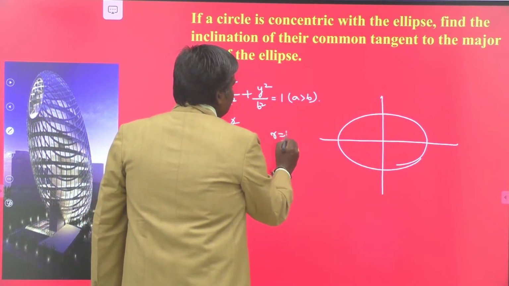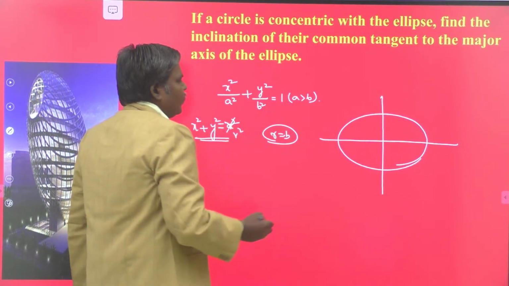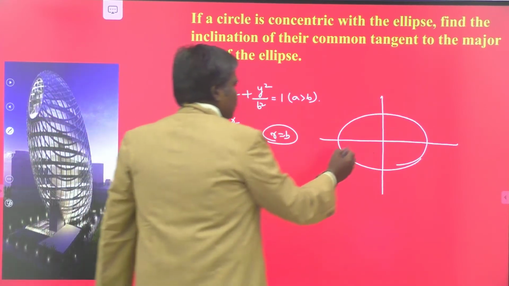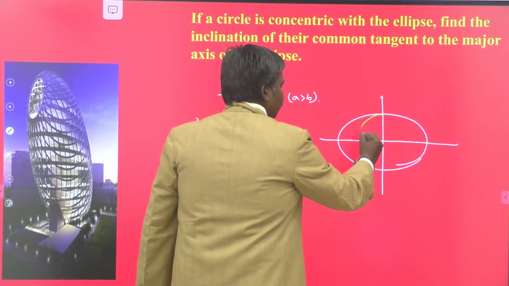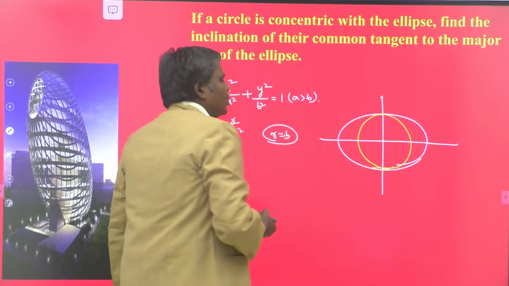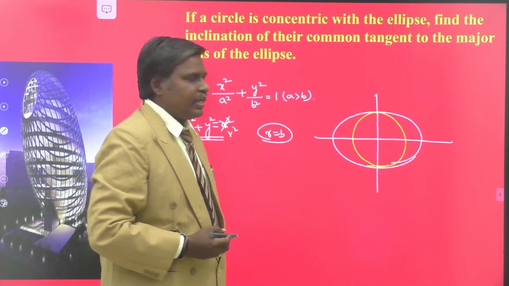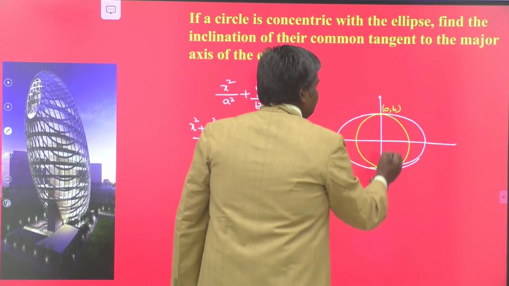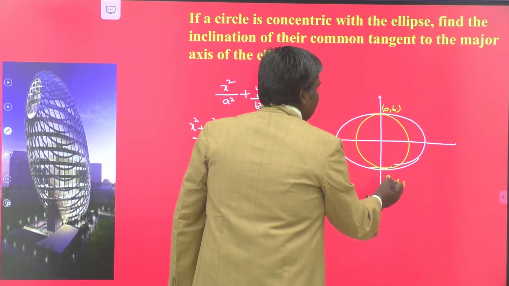Suppose R is equals to b, what happened? When R equal to b, the circle is like this. This is the circle whose ends of diameter are what? 0 comma b and 0 comma minus b. This is 0 comma b and this is 0 comma minus b.